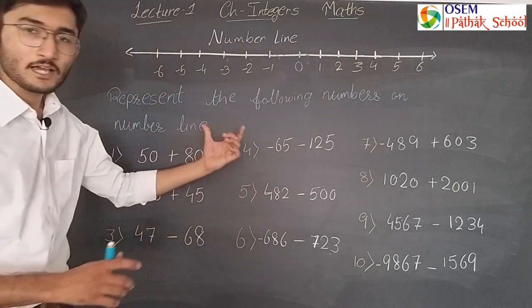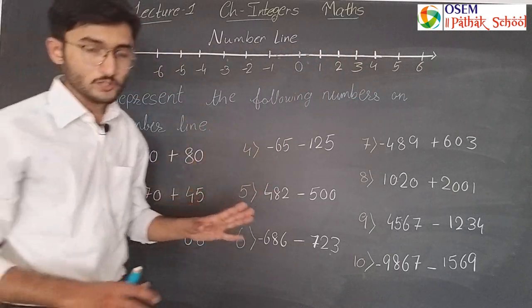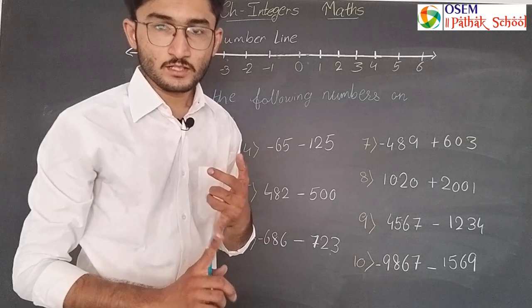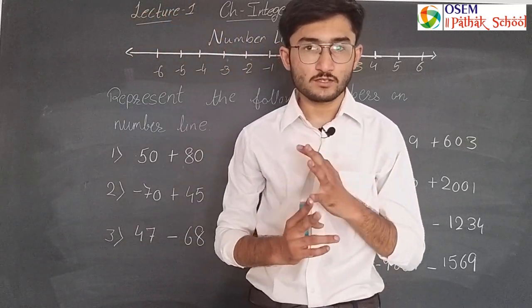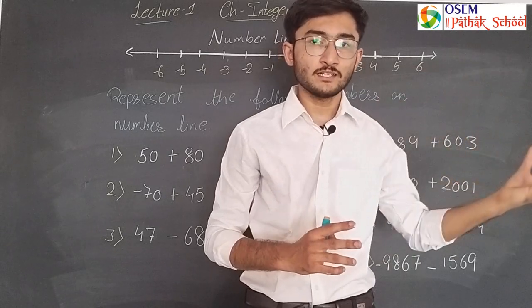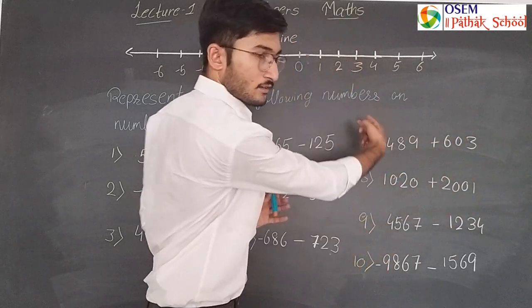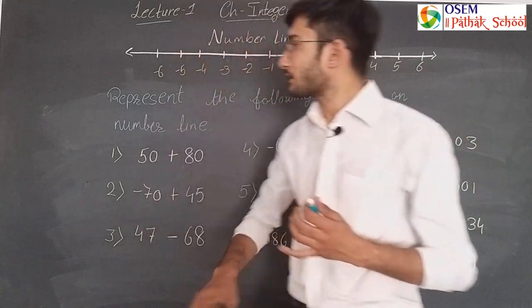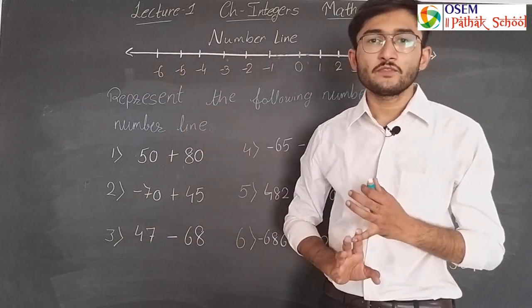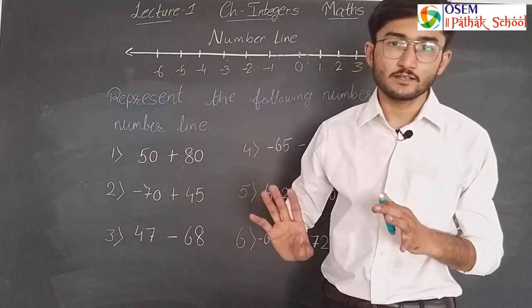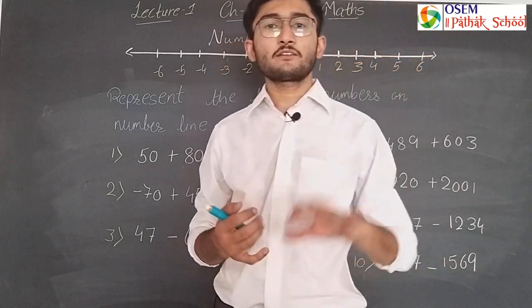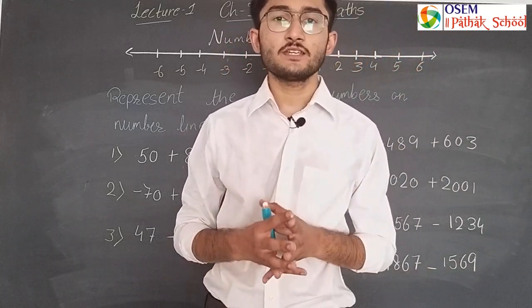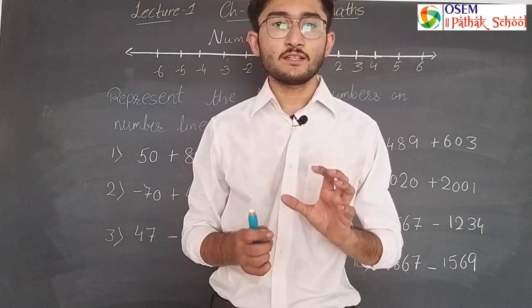So for each and every sum, first of all you have to find the value. Whatever answer you get, if it is positive it will be on the right side, and if it is negative it will come on the left side of the 0 on the number line. So you have to do it accordingly. I hope you are clear with the addition and subtraction of integers and the number line representation.